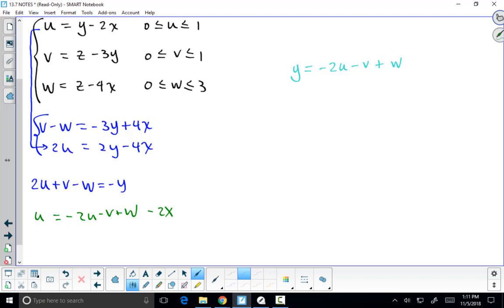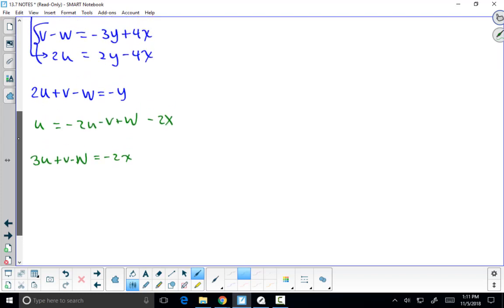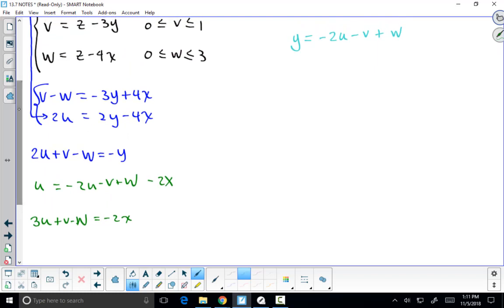We should be able to solve that for x now. Moving everything over, we have 3u plus v minus w is equal to minus 2x. Then solve that for x and put it up there with our y equation.